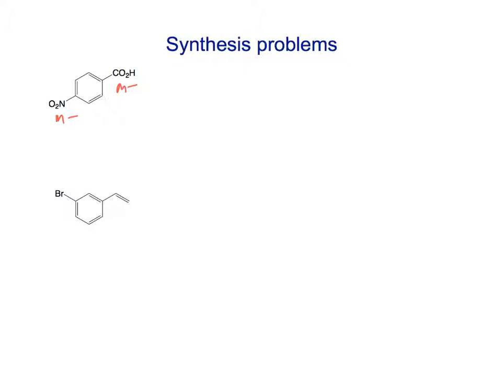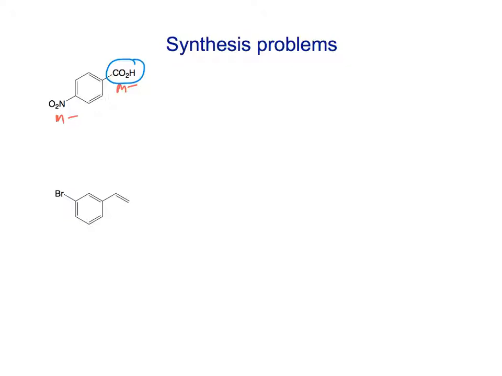Oxidize that using the benzylic approach? We could. So the suggestion is that we can make this carboxylic acid by that benzylic oxidation. All right, so we can start with an alkyl group, or we can put an alkyl group on there, which is an ortho-para director, and then add the nitro group, and then convert the alkyl group to the carboxylic acid.